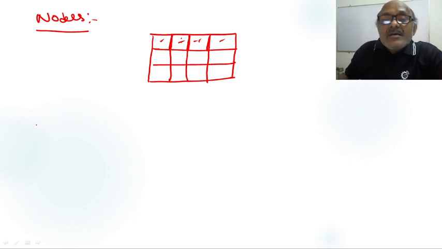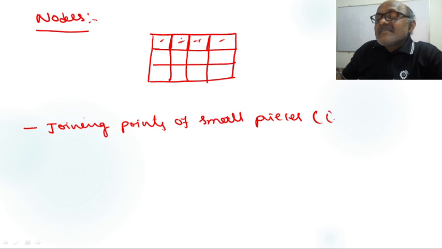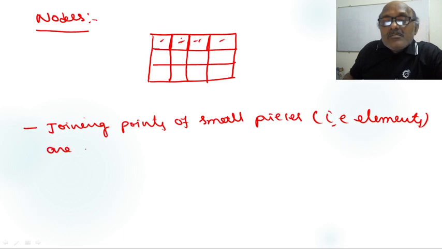So here, joining points of small pieces, that is elements, are called nodes.